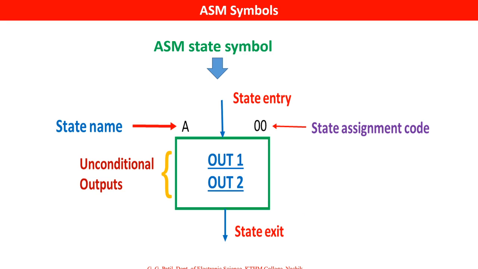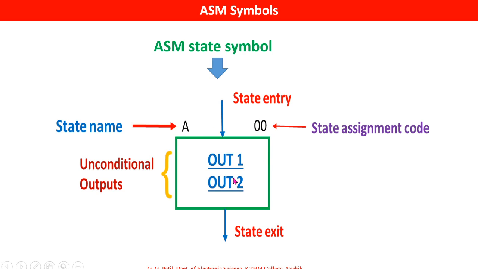The first is the ASM state symbol. The symbol is shown here. At the entry side, the state name is given and the assigned code to the state is to be written.